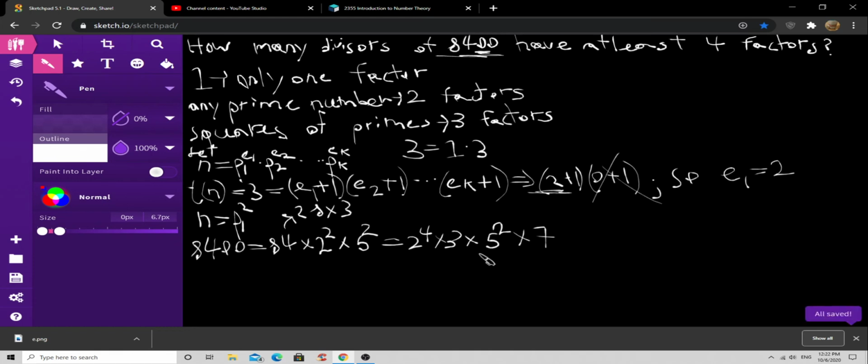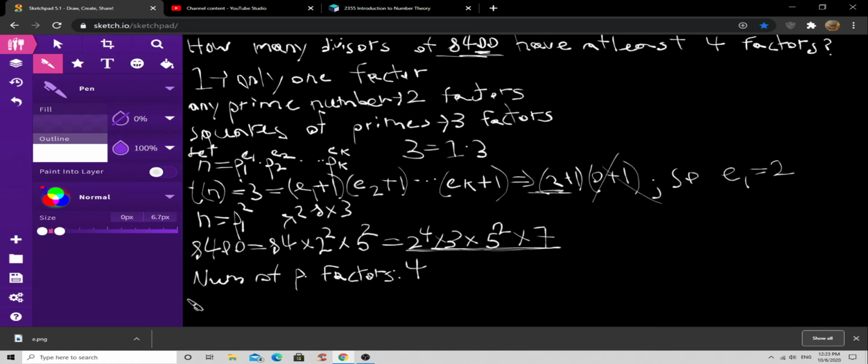As we can see, we have 4 prime factors that divide 8400. So our number of prime factors is 4.